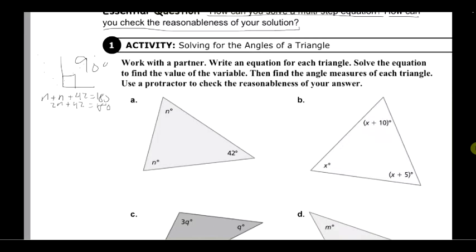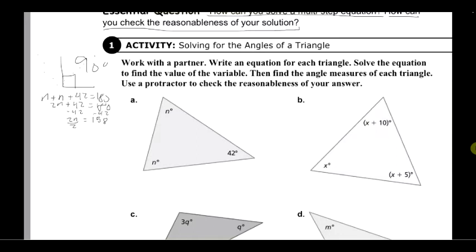Now if we remember from last year, if we want to solve for a variable, you have to move the things that are farthest away. In this case, 42 is the farthest away from n, not 180, because it's on the other side of the equals. We don't care about anything else over there. So the inverse operation of plus 42 is minus 42, and we'll do it to both sides, because that's what you do every time.